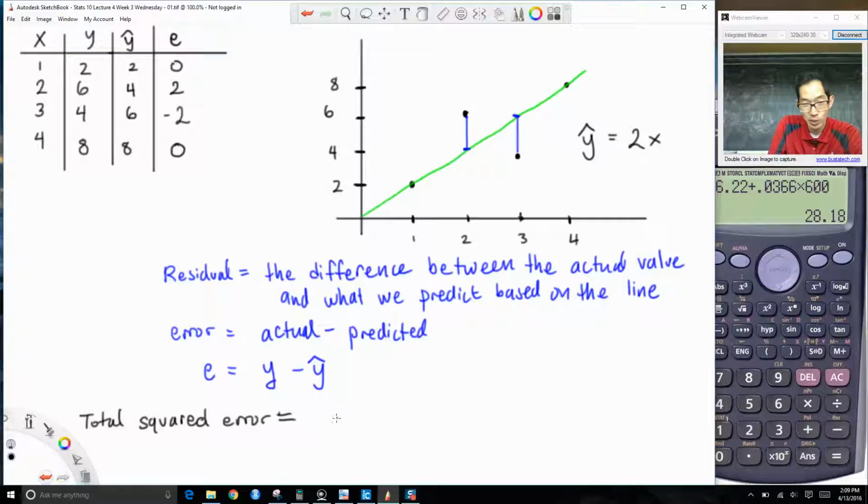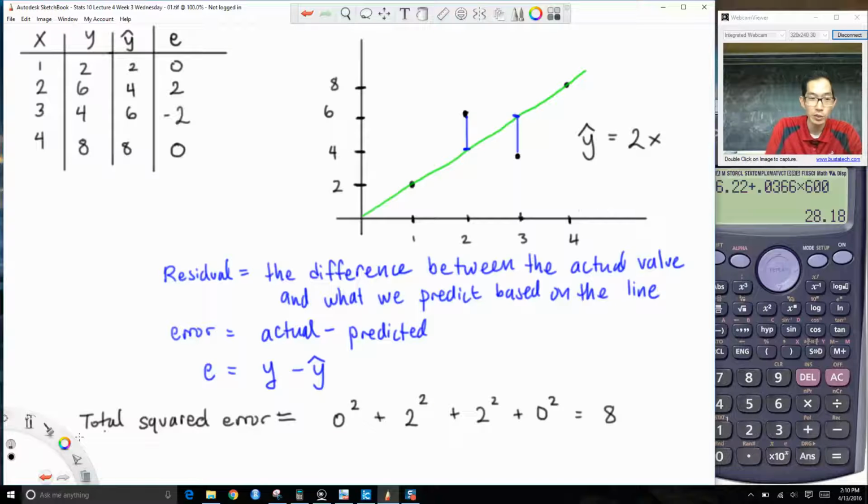Because everything becomes positive when you square it, I can ignore the signs. So I have 0 squared plus 2 squared plus 2 squared plus 0 squared, which is basically 4 plus 4, and I get a total squared error of 8.